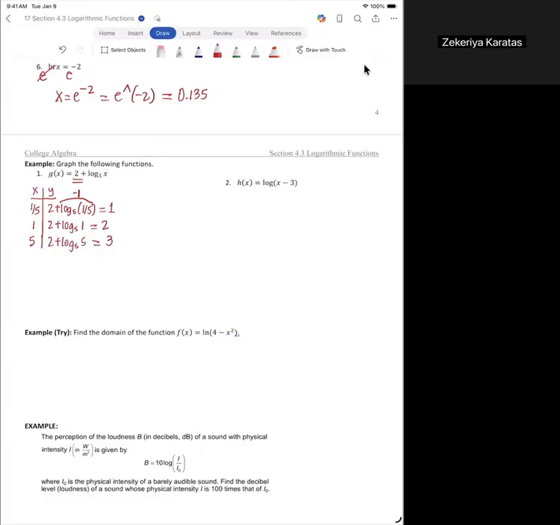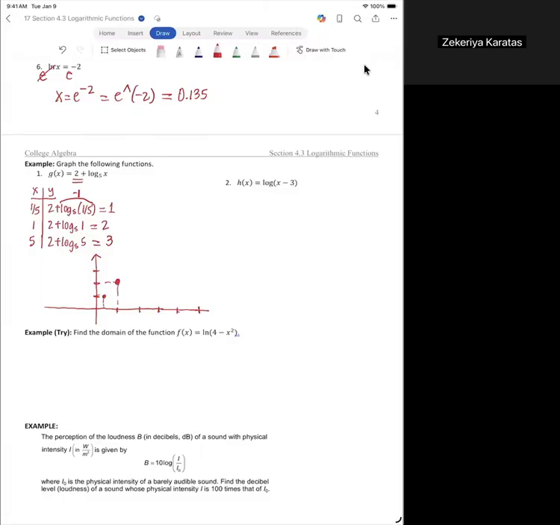So it's like the graph of log base 5 of x, and then shift it up 2 units. At 1/5, it's 1. At 1, it's 2.